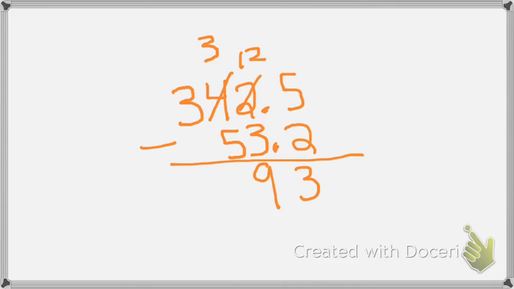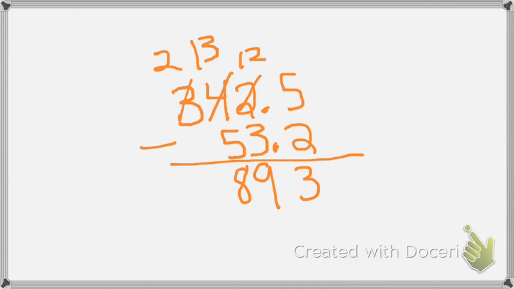5 minus 3? You have to borrow from the 3. The 3 becomes 2, and the 3 becomes what? 13. Very good. 13 minus 5? 8.